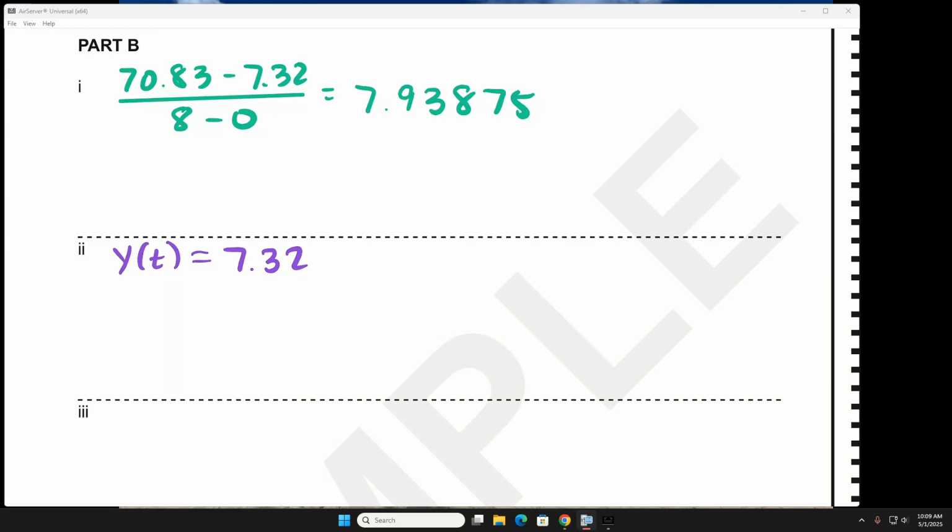If we're looking at our secant line formula, we're going to put our average rate of change in for m. It's probably a good idea to go to a lot of decimal places here. Don't round too much. All right, and then t, and then in this case it's going to be minus 0. All right, and then this one is asking us to use this to estimate 6 years. So we'll go back and put 6 in for t.